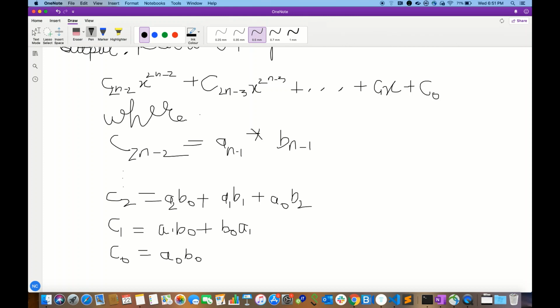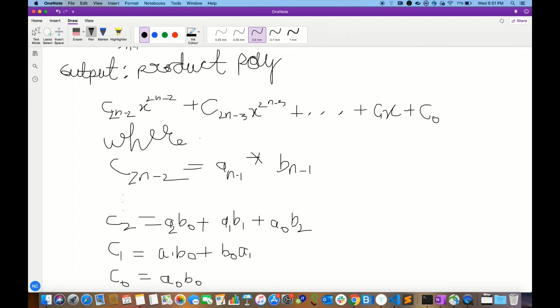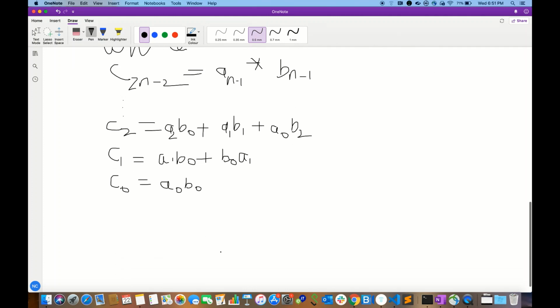So the c we are seeing here in the output polynomial is just a combination of permutation and combination, which we might have heard of during our mathematics lectures, mathematics days.